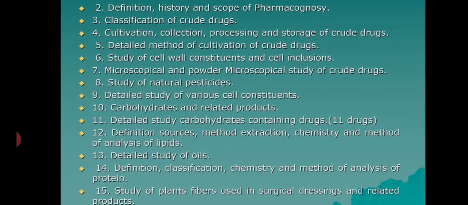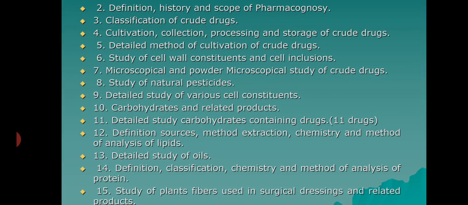In the same way, there is another chapter, the lipids chapter, the 12th and 13th taken together. In the lipid chapter, many drugs are there, like olive oil, castor oil, arachis oil, soybean oil, shark liver oil and cod liver oil. We are going to study all these oils.